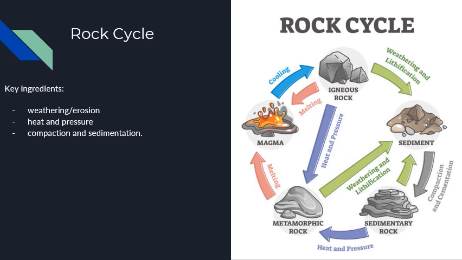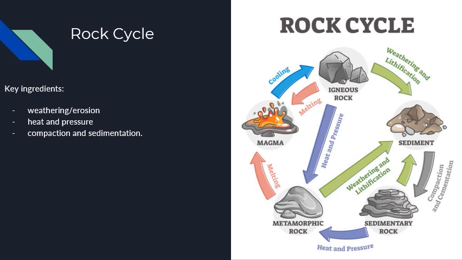This sedimentary rock can change again because weathering and erosion affects sedimentary rock, of course, as well. So it can actually get back to sediment, or a part of it.